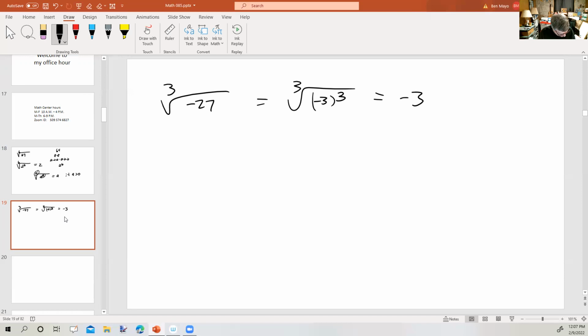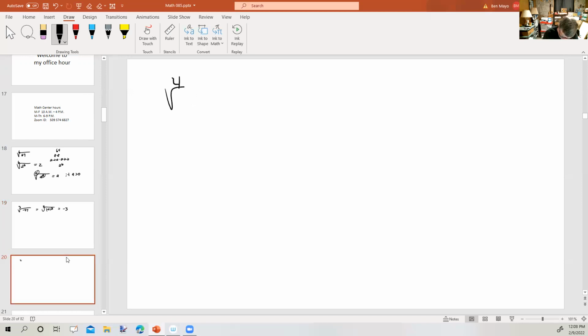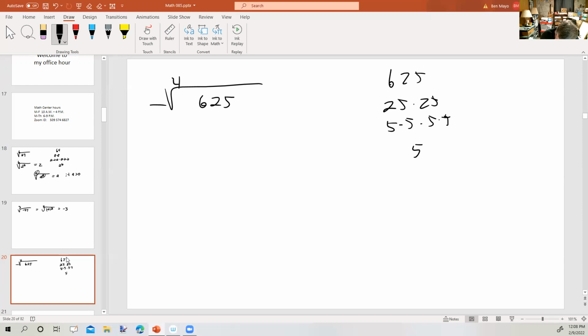But we have to be careful with that. Let's see here. What about this? The fourth root of negative 625, okay? 625 is 25 times 25, which is 5 times 5 times 5 times 5, which is 5 to the 4th power.